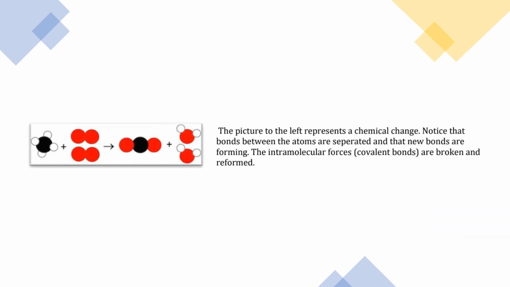So here is a chemical process. The filtration that you saw earlier was actually an example of a physical process. So the chemical process is shown here. In the picture, you see a chemical change. Notice that the bonds are separated and that new bonds are forming. The intramolecular forces, covalent bonds, are broken and reformed.